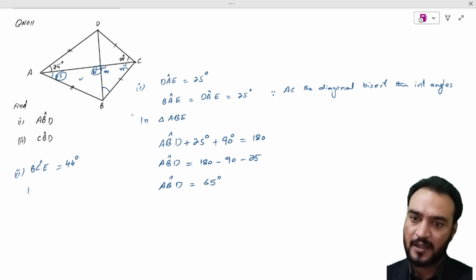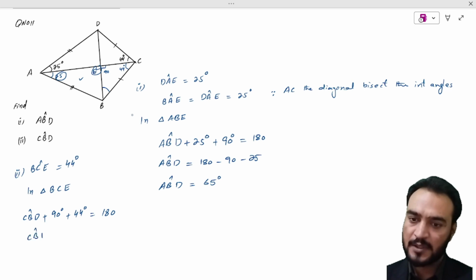So in triangle BCE, the angle CBD plus the one that is a right angle, that is 90 degrees, and one angle equal to 44 degrees, we put this sum equal to 180 degrees.